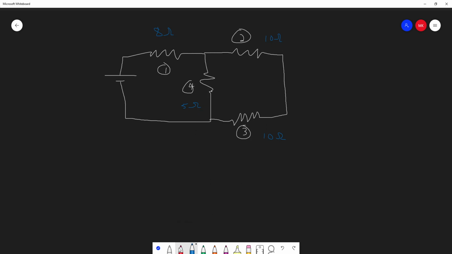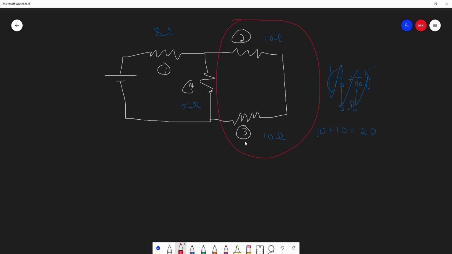Well, combining these two in series, we'll get 1/10 plus 1/10 inverse. That just gives us 5. Or sorry, I made a mistake here. These are in series, R2 and R3, so you just add them. So 10 plus 10 equals 20.